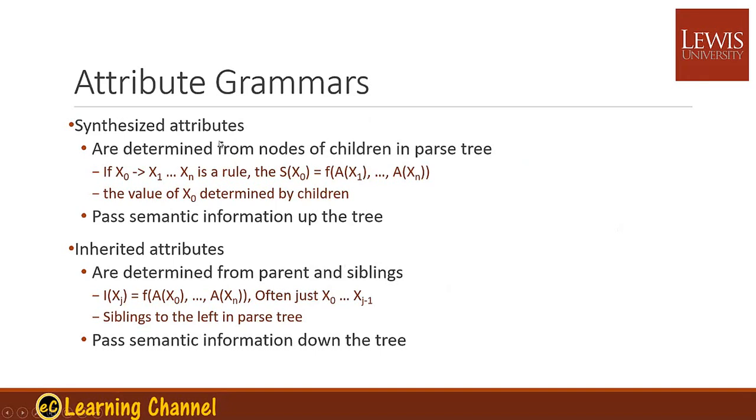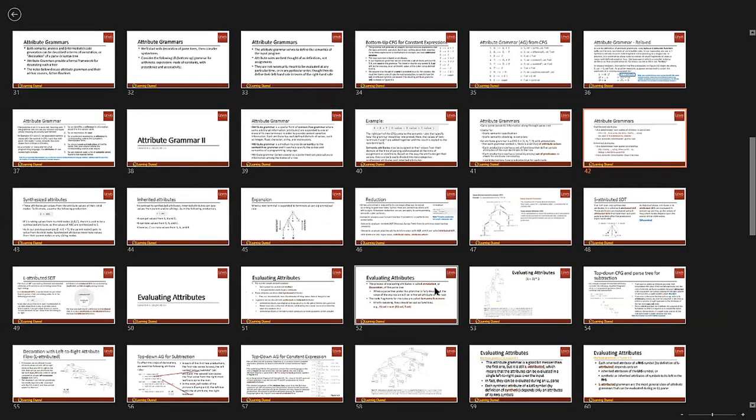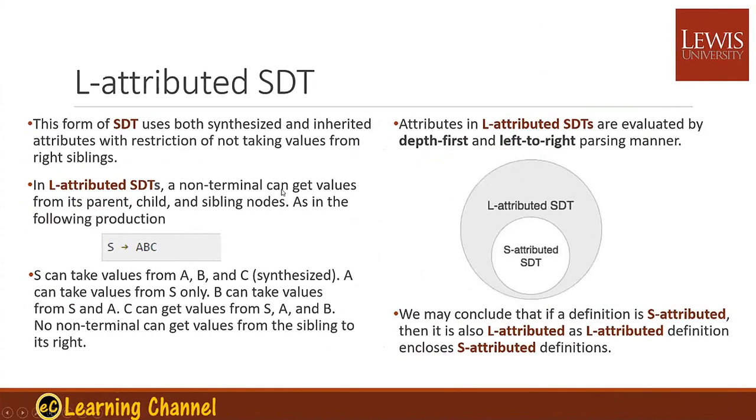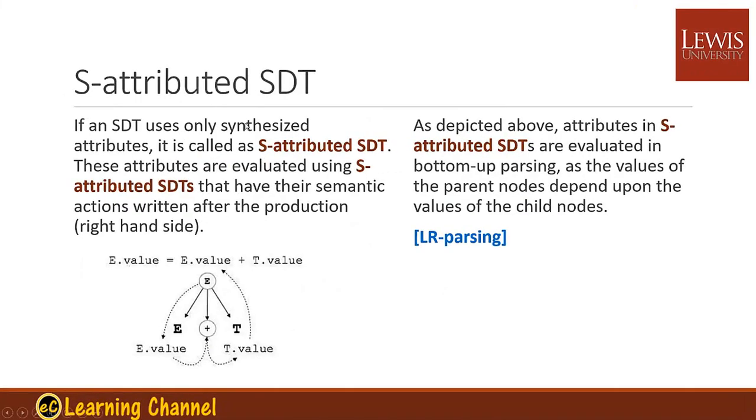The synthesized one, that's the S attribute. The inherited one, that's the L attribute. L attribute is top down and then left to right, so it's like an L shape. And the S attribute is from the sons.